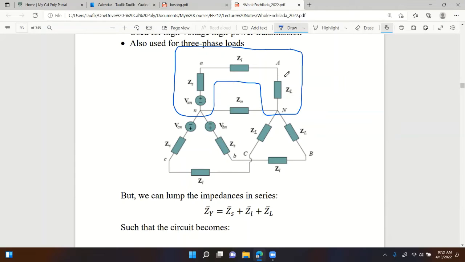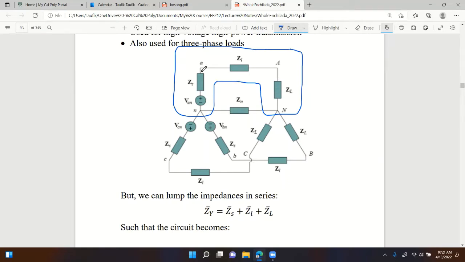And the load has its own impedance for phase A, that's Z of L, capital letter L. The source and the load are connected by this line right there, and that line has the impedance called Z line, or ZL, line impedance, lowercase l. So 3 impedances.